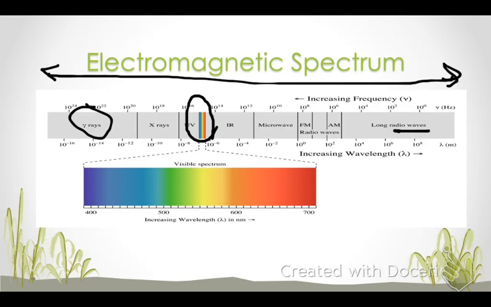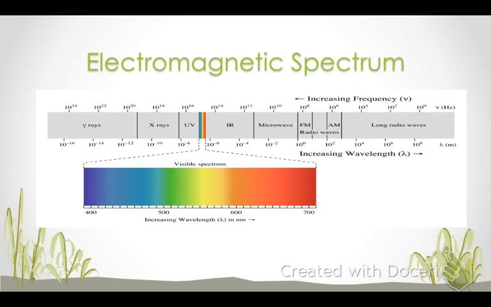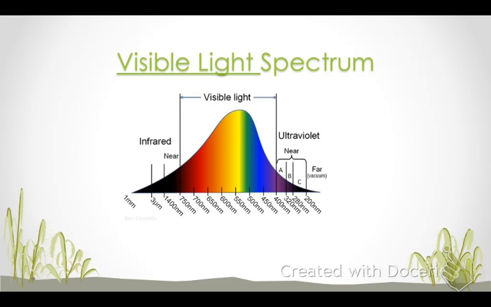But really, we're just going to focus on that little sliver that we can see, which is the visible light spectrum. So how much of this is just the visible light spectrum itself?